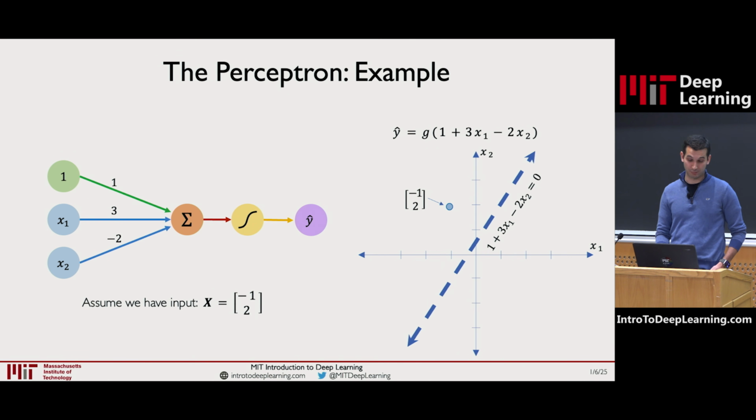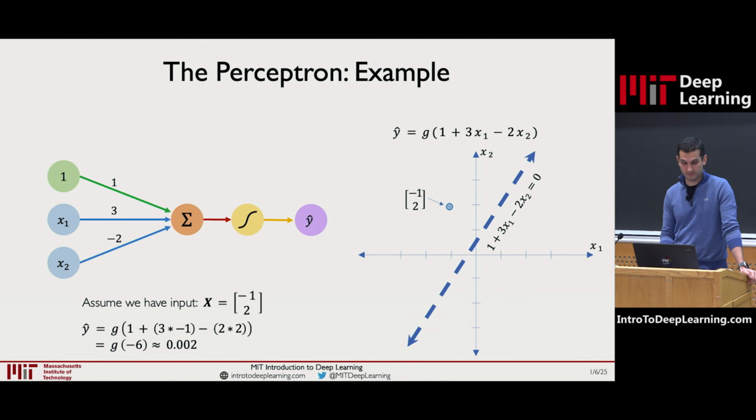Also, we can plug it back into our equation: if we plug in -1 as our input to x1 and +2 as our input to x2, we can plug it into the equation on the bottom left. We pass it through the nonlinearity. The nonlinearity here is a sigmoid function. It squashes everything to be between 0 and 1, depending on which side of the line it falls on. And we get this final answer. Here in this case, the final answer is 0.002.